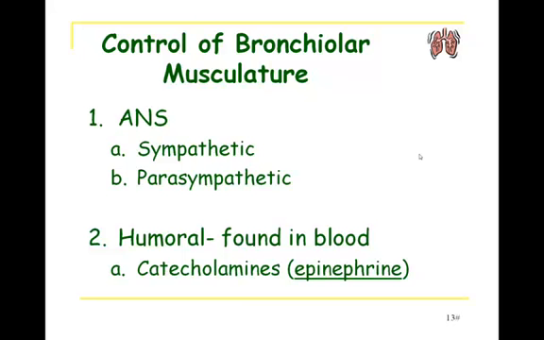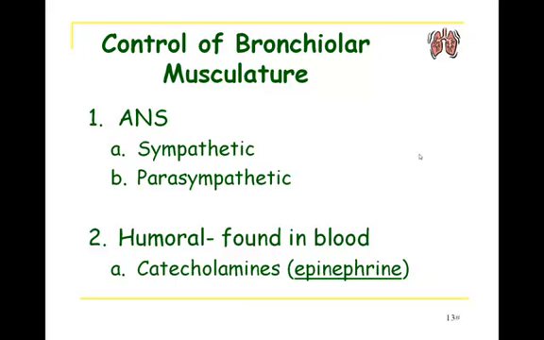With the parasympathetics, again, it's more of a spillover effect. You can get a very low level of smooth muscle constriction when you're in parasympathetic mode, and a slight increase in mucus production. Most of us are not aware of that because it's minor. The autonomic nervous system does not play a huge role in the control of the bronchial smooth muscle because, again, there's not a lot of innervation.